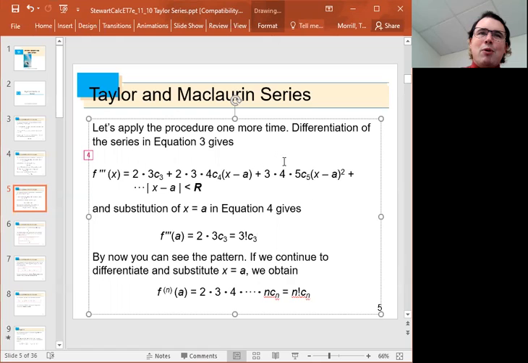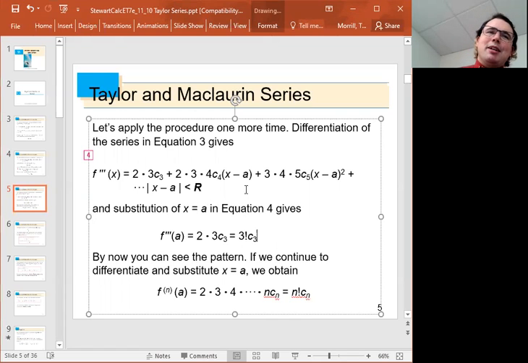We've got 3 times 4 times 5 times the coefficient C5 times x minus a squared. So what have I got here? The third derivative evaluated at x equals a is going to equal 2 times 3 times the coefficient C3, which is 3 factorial times C3.